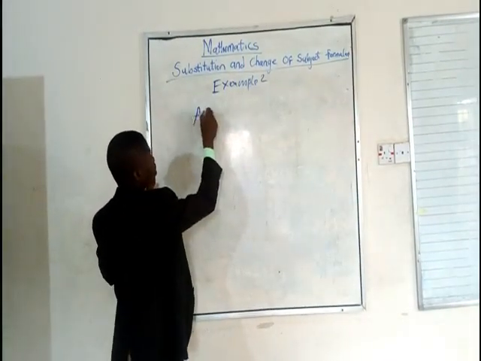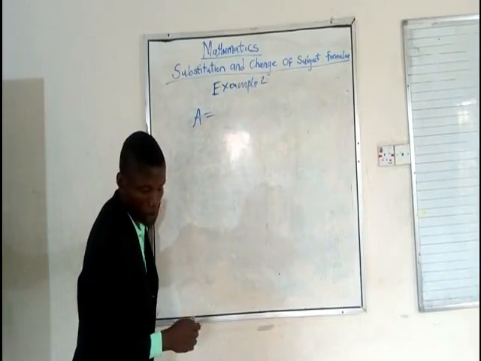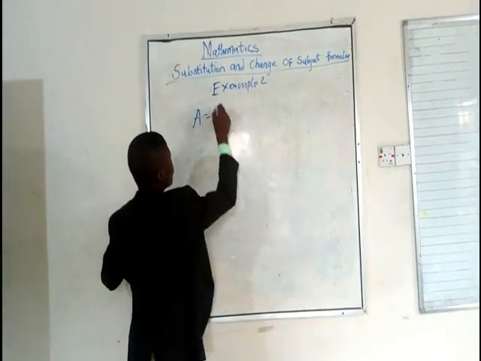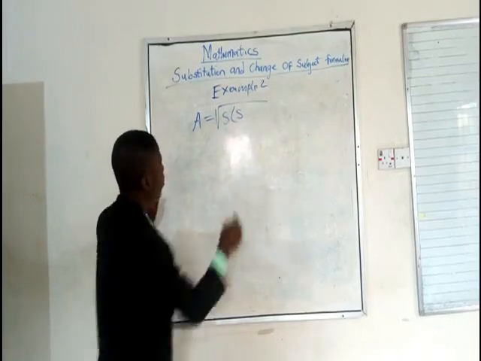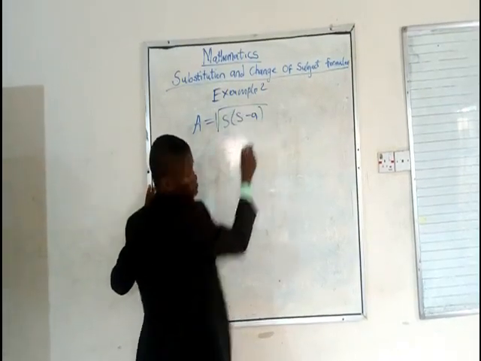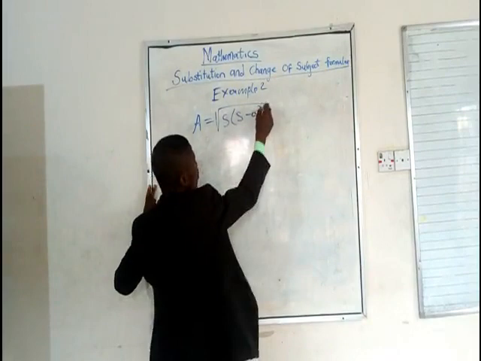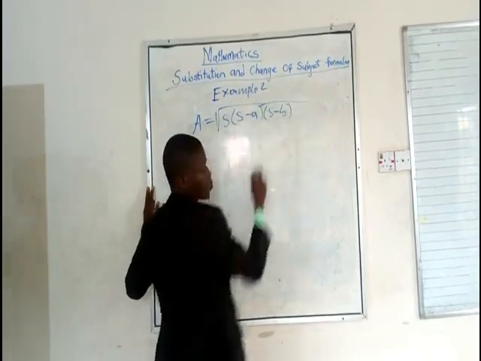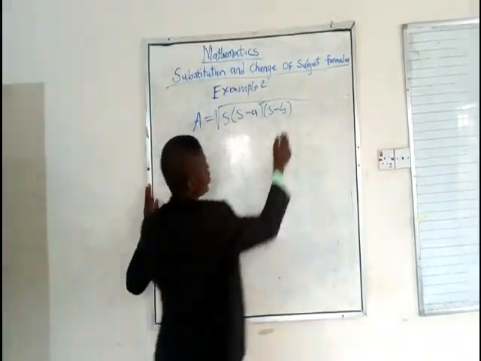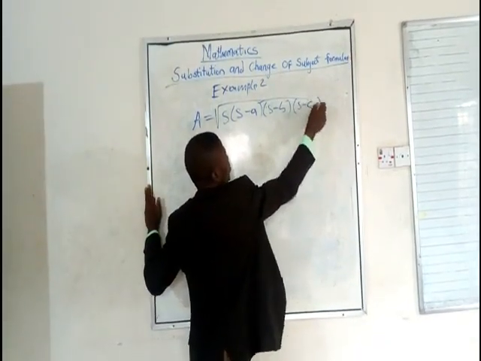A equals the root of s bracket s minus a, close bracket, open another bracket s minus b, close the bracket, open another one s minus c.